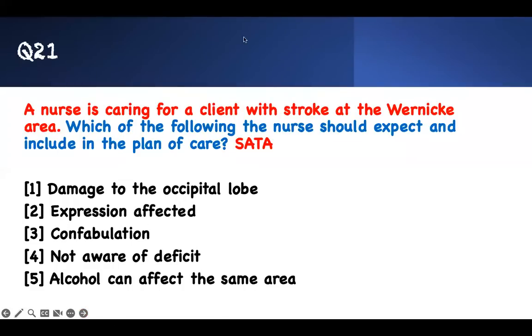And then to complete everything, I just want to give you all the content. Which of the following should the nurse expect and include in the plan of care? A nurse is caring for a client with stroke at the Wernicke area. It's normal, Broca is not Wernicke.